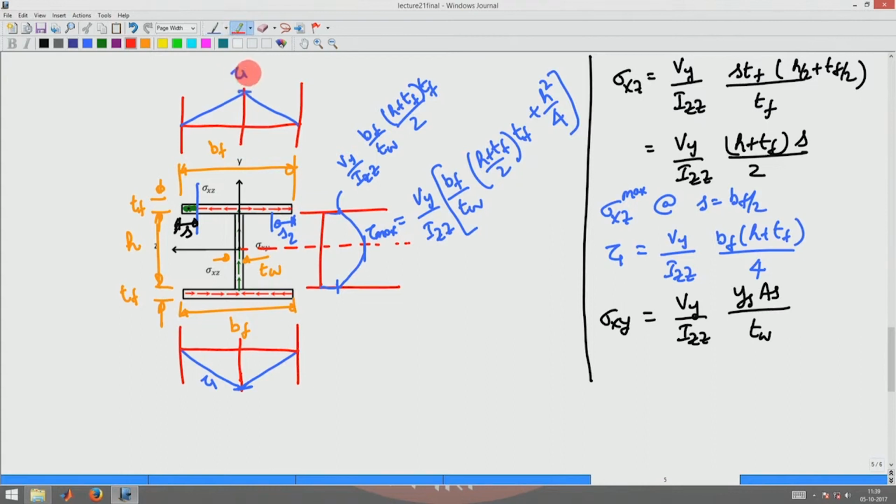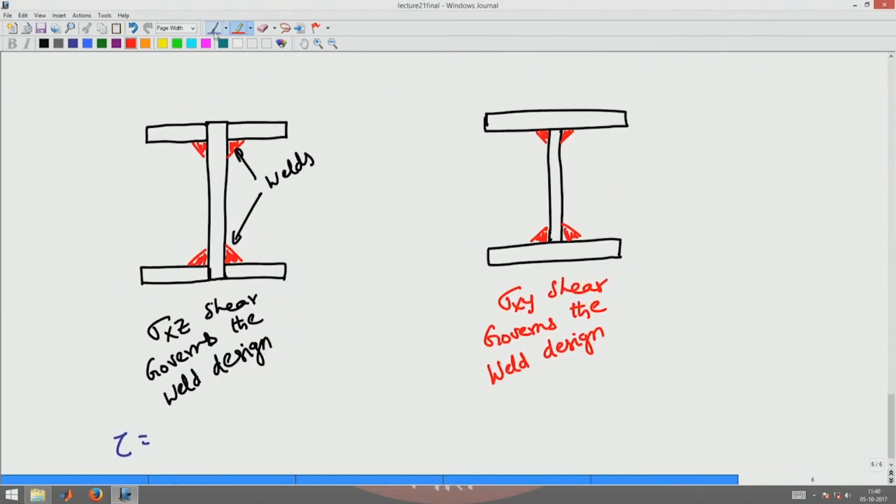Basically, we are looking at this tau 1 value, given by Vy by Izz into Bf into H plus Tf by 4.